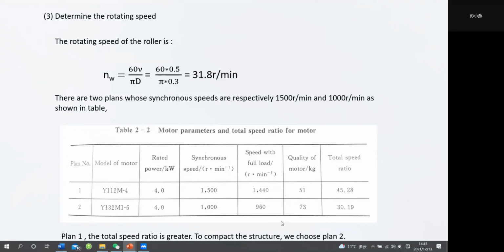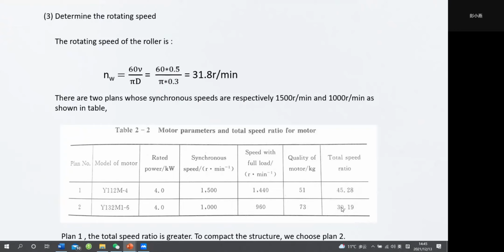And for plan 2, we choose this type of motor. The speed with full load is 960. Then we calculate that the total speed ratio is 30.19. Comparing the total speed ratios, we know that plan 2 is less than plan 1.